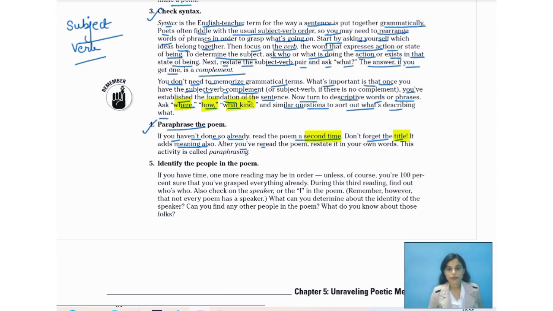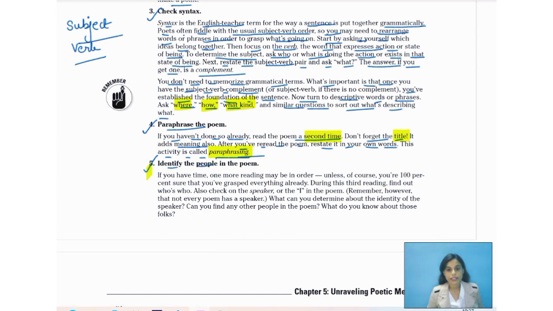After you have reread the poem, restate it in your own words. This activity is called paraphrasing. You are summarizing it. You have analyzed the poem, you have read it two or three times. Now you are jotting down the important points in the form of a summary so that it gets into your head, to make it easier, I suppose.